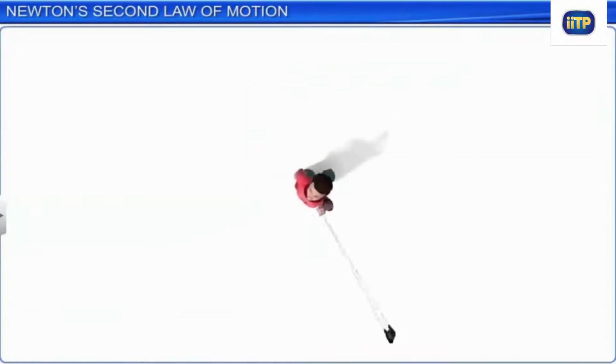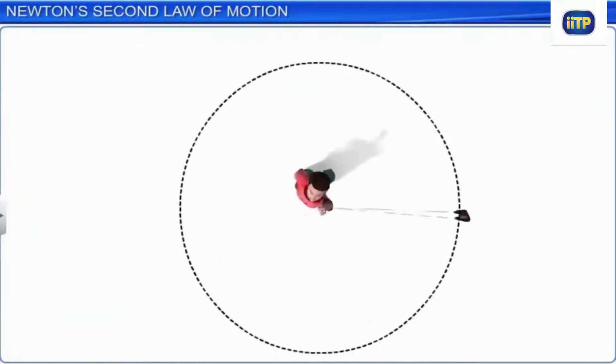The magnitude of the linear velocity of the stone remains constant, but its direction changes continuously. To sustain this kind of motion, we have to continuously apply a pulling force on the thread.